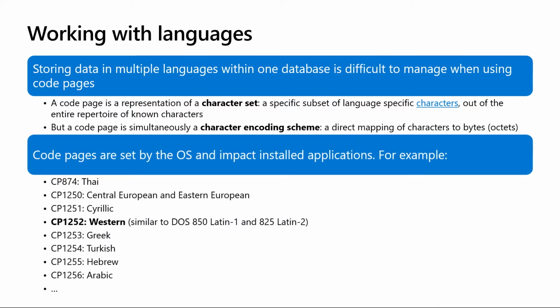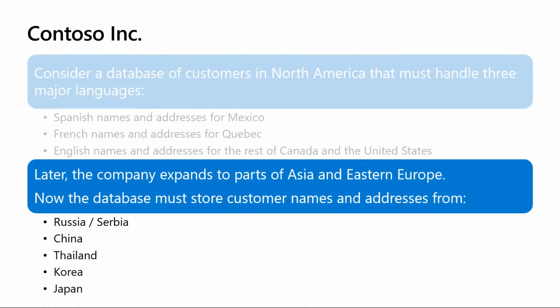And code pages are set by the operating system. When you select the language of the operating system, you are selecting a code page. And that code page is impacting all the applications that sit on top of that operating system, such as SQL Server. When you select a collation that is setting a specific language, you are inheriting the behaviors of the underlying code page that's set by the OS.